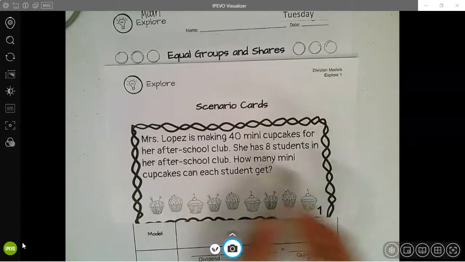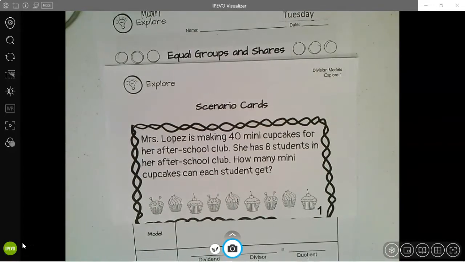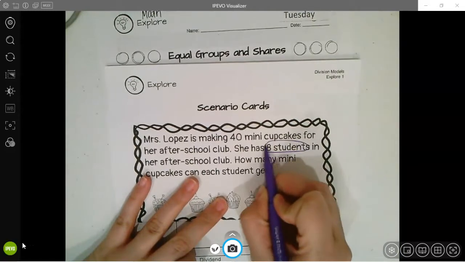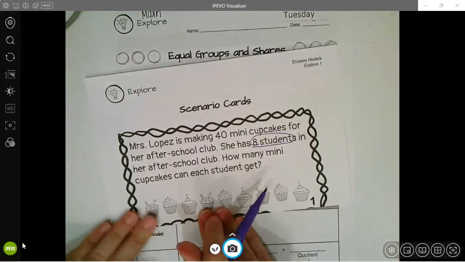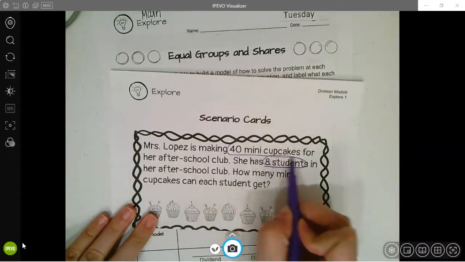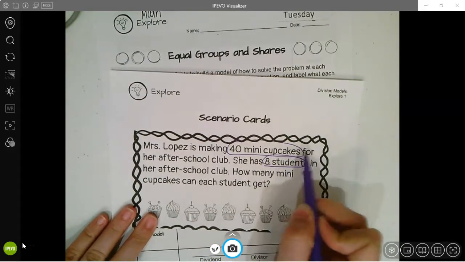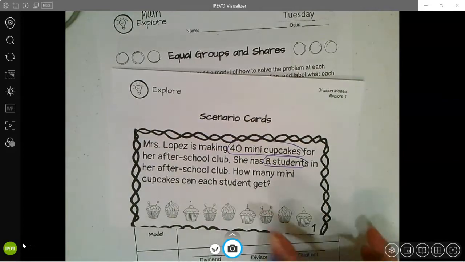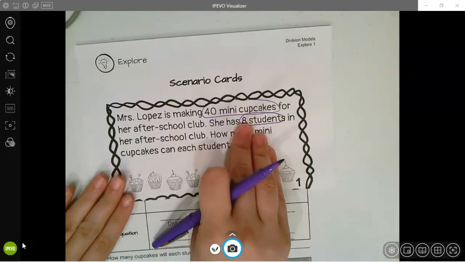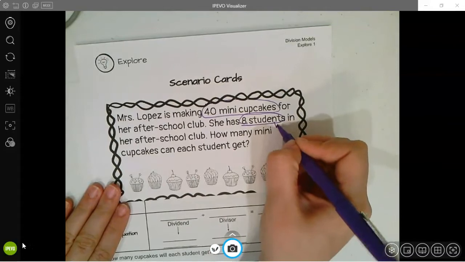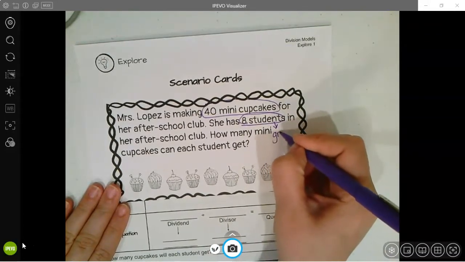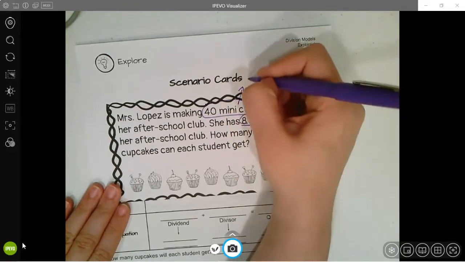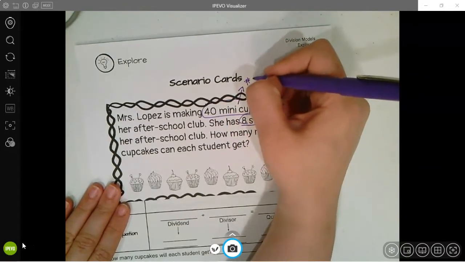So I know that I have 8 students, and I'll have 40 mini cupcakes. I need to divide the 40 cupcakes into 8 students. So I'm going to draw my 8 students; this is going to be my groups, and this is going to be the number in the groups.